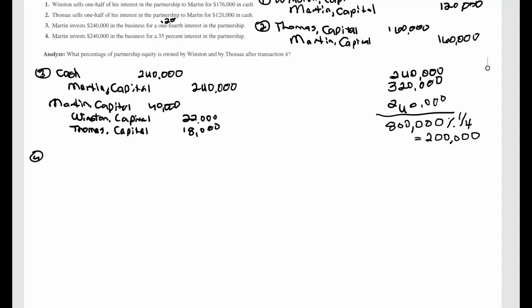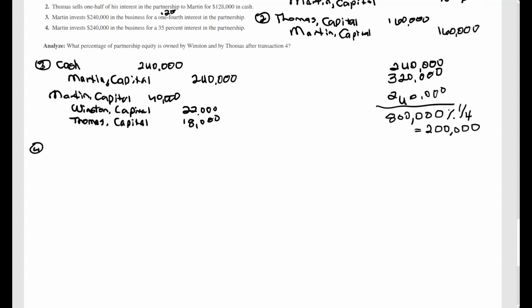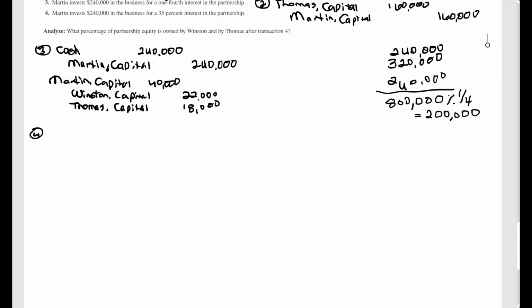Okay, so let's first record the cash transaction of 240. That's going to be the same as number 3, because he's still investing the $240,000. Now we have that $40,000 that we need to break out.